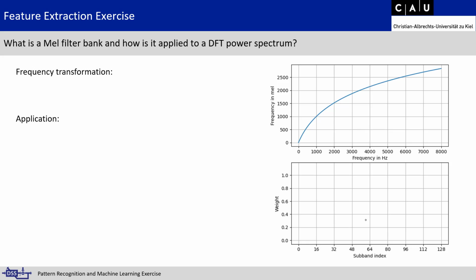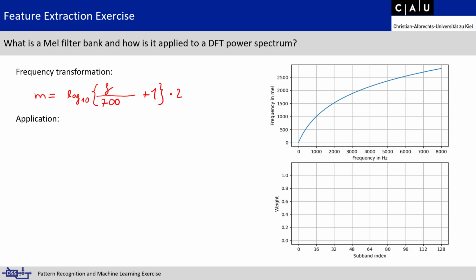If we say that our frequency scale MEL is M, then we perform this nonlinear transform by taking the logarithm of our frequency. By convention, we normalize it by 700 and we add 1. This is our nonlinear transform, but we also have to scale it.